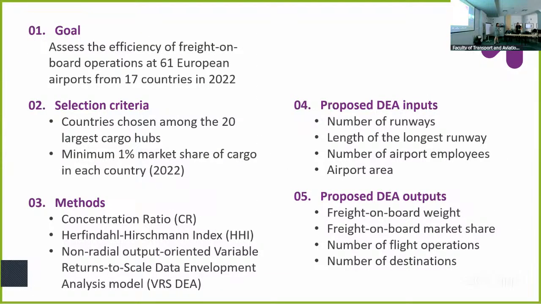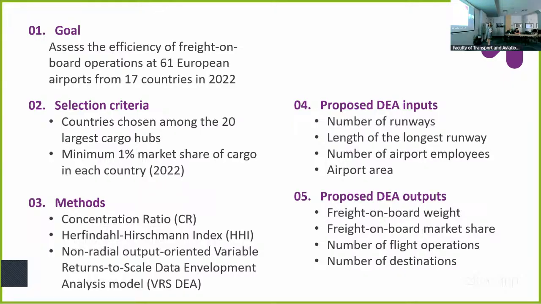Okay. And so firstly, I will present the goals of the research. We try to face the challenge to investigate and make such a survey of research taking into consideration 61 European airports, not only from the European Union, but also from Turkey.